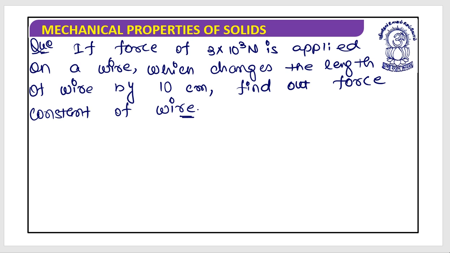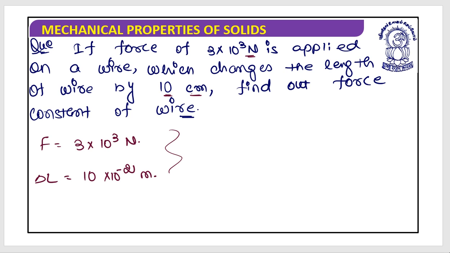So how will you do this? I have been provided the force, which is equal to 3 into 10 to the power 3 Newton. I have been provided the expansion that we call delta L, which is equal to 10 centimeter, but this is in centimeter and the force is in Newton, so this is going to be changed. This would be 10 into 10 to the power minus 2 meter.